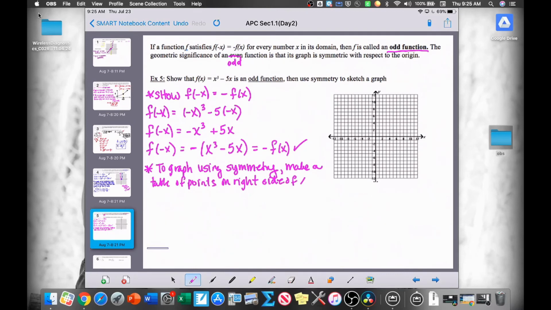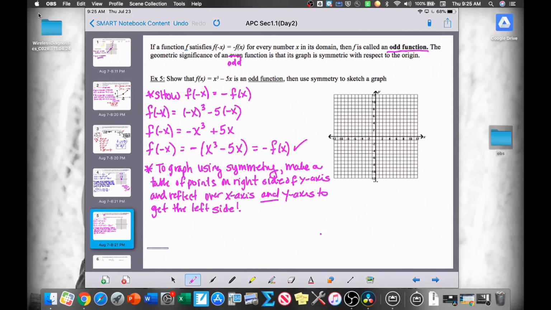And this is of the y-axis. But now here's the key. This is different. We are going to reflect over the x-axis and the y-axis to get the left side.